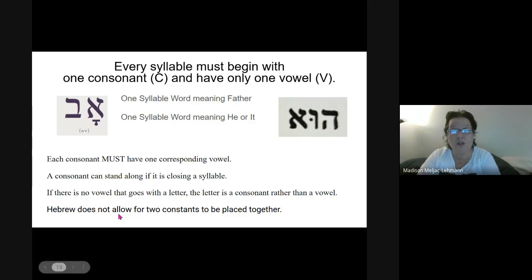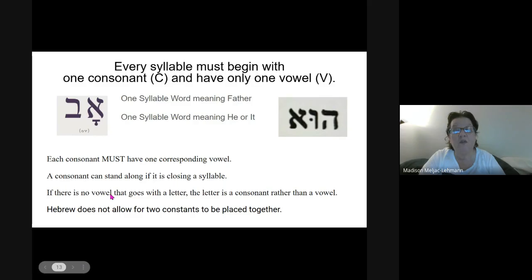And these are the rules. Each consonant must have one vowel. A consonant can stand alone if it's closing a letter. So we have av. There's no vowel after the last consonant because why? It's the last of the letters in a syllable. There's no more word left or no more syllable left, okay? And then here is the rule for this vav here.